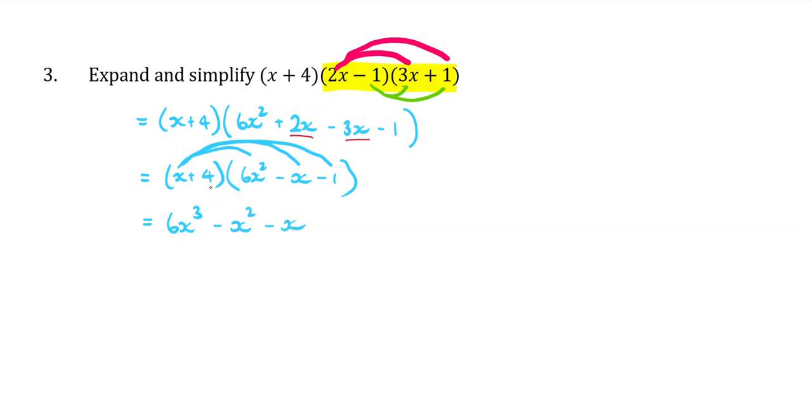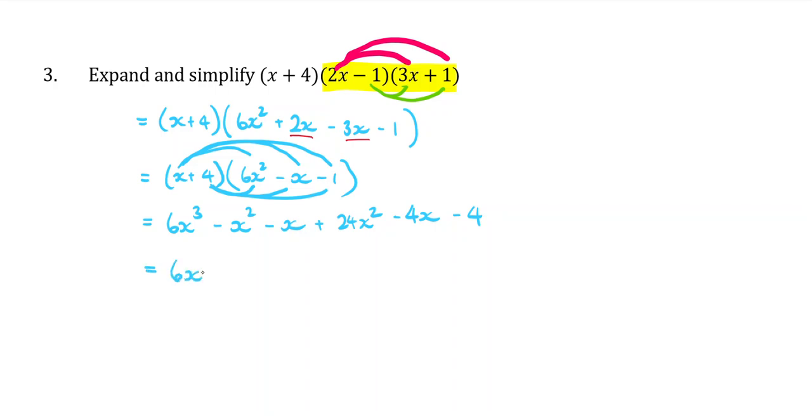Then we are going to do the 4 times each thing in the second bracket. 4 times 6x squared is 24x squared. 4 times negative x is negative 4x. And 4 times negative 1 is negative 4. Then we're going to put them in order from the highest power down.